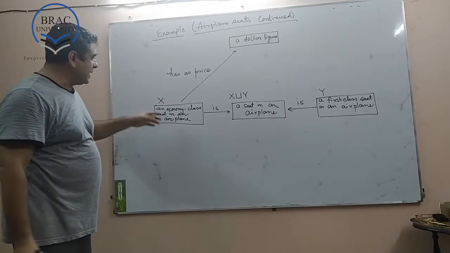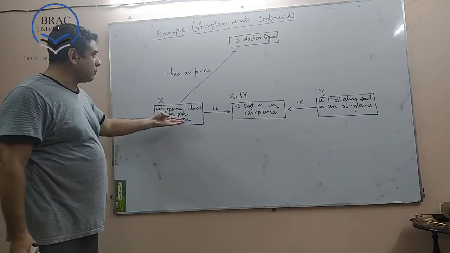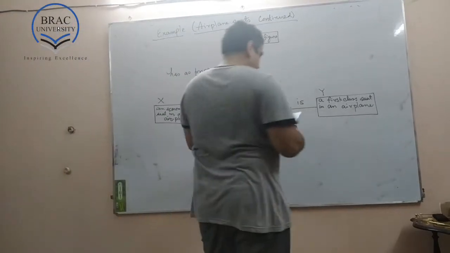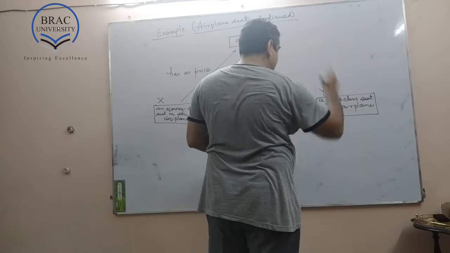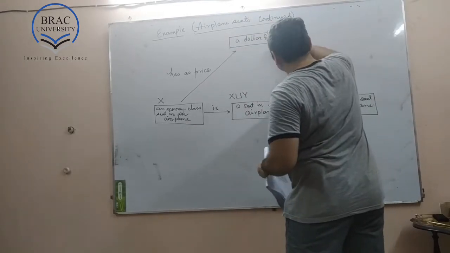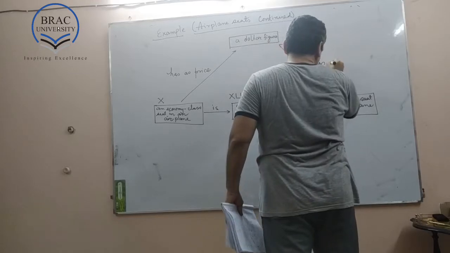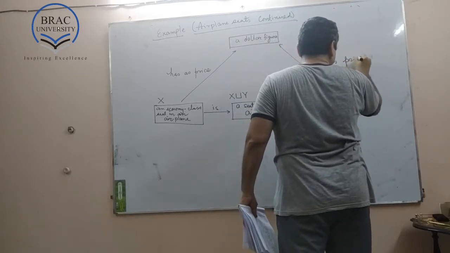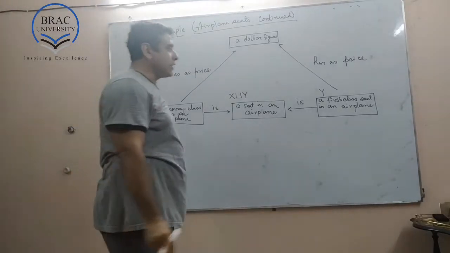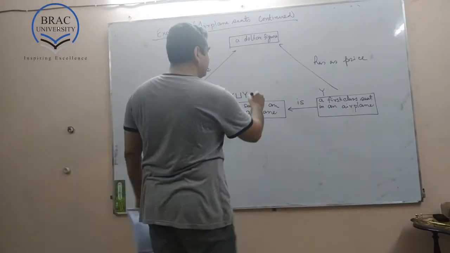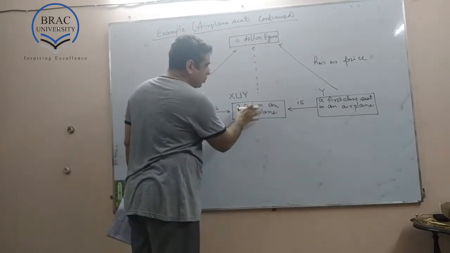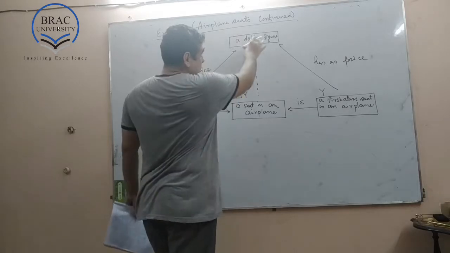It tells you that an economy class seat in an airplane has as price a dollar figure, and the first class seat in an airplane also has as price a dollar figure. So there exists a unique arrow from this whole product to a dollar figure.